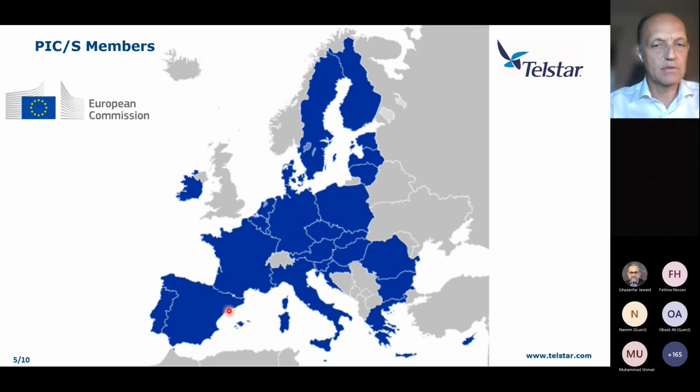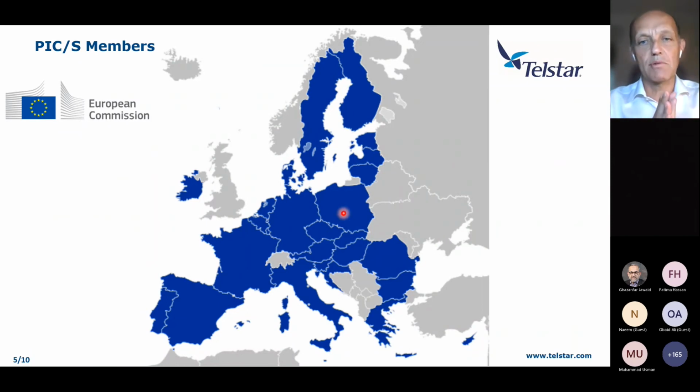This is because, first, we all belong to the same area, which is PICS. We have the same or similar regulation, which is also important. But also, the health authorities from Spain, France, and Portugal have what we call a mutual recognition agreement. This means that when an inspector from Spain inspects a pharmaceutical company in Spain, this report is recognized by France, by Portugal, and by the other countries.